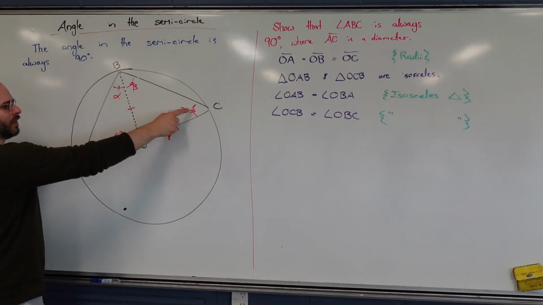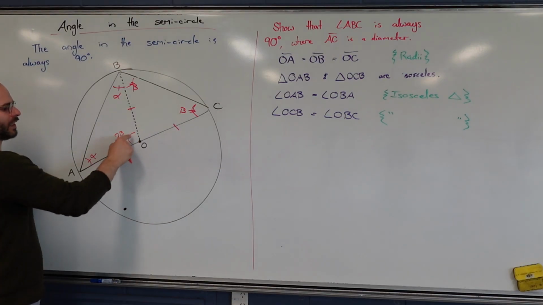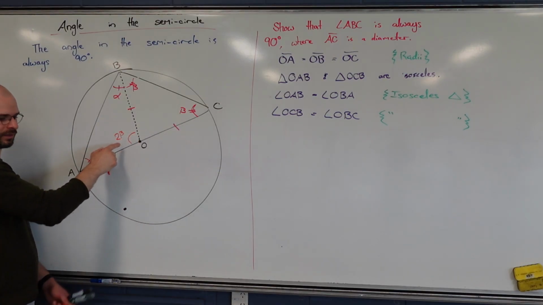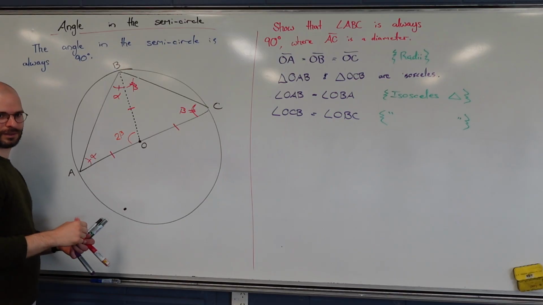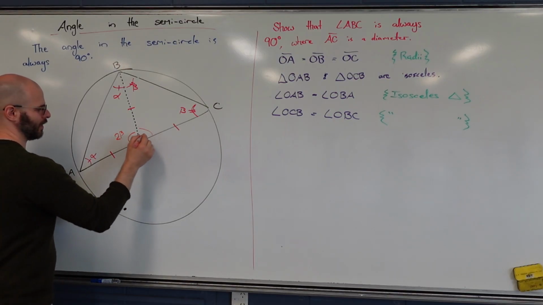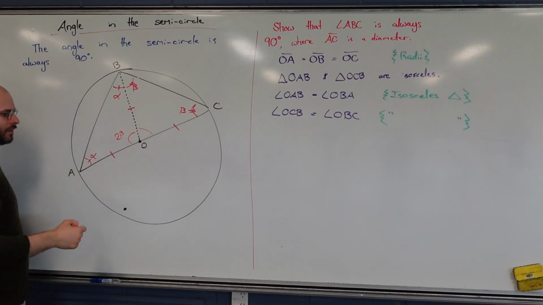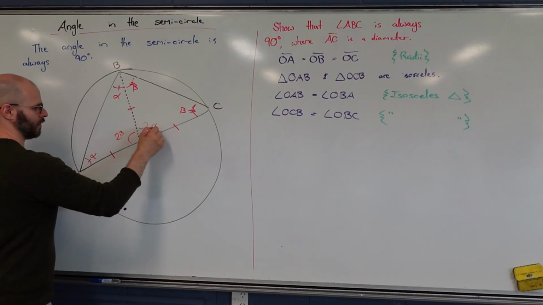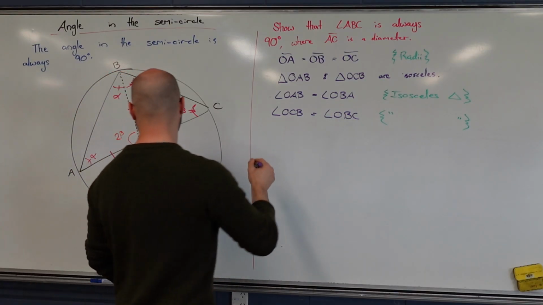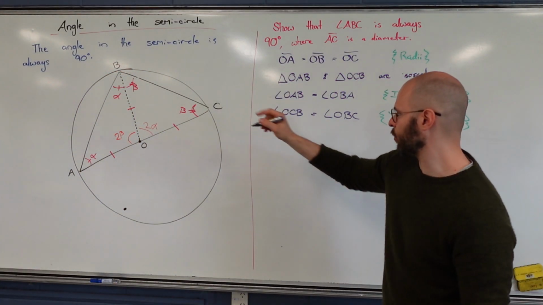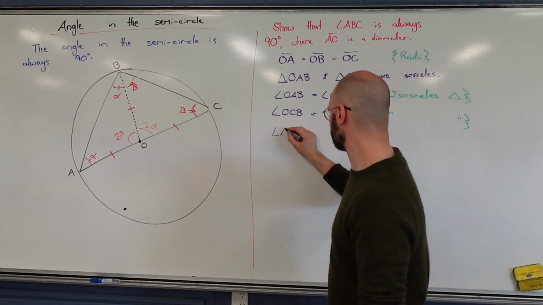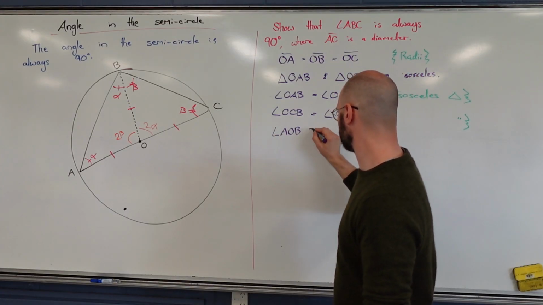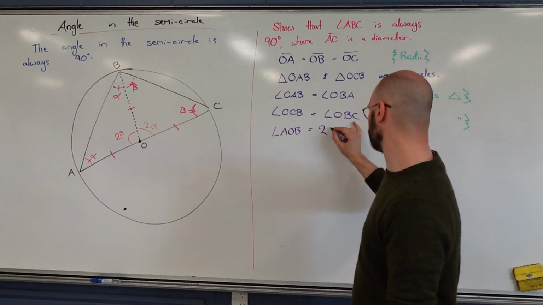If you sum these two angles, it gives you the external angle here. Do you remember that? Probably. And then, similarly, what's this one? 2 alpha. Excellent. So what we can say is that angle AOB is equal to 2 beta.